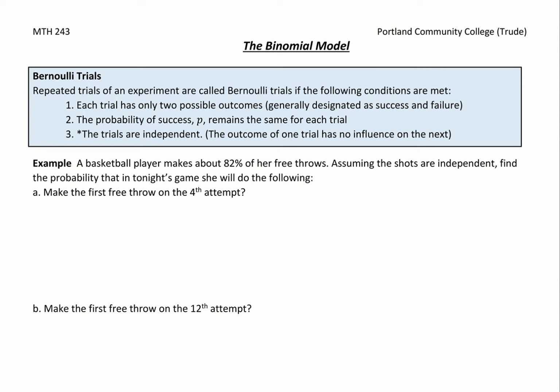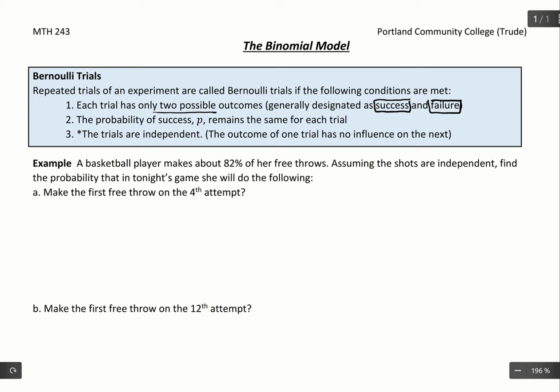The first condition is that each trial that occurs has only 2 possible outcomes, and we generally call those the success and the failure. Now, using success and failure, be careful of what's the positive versus negative. Success, you want to think more of matching up with what we are looking for, if we're interested in having someone make free throws or getting a bullseye when shooting an arrow.